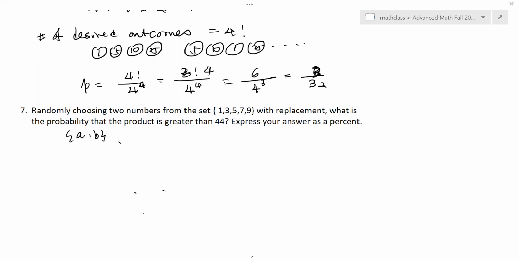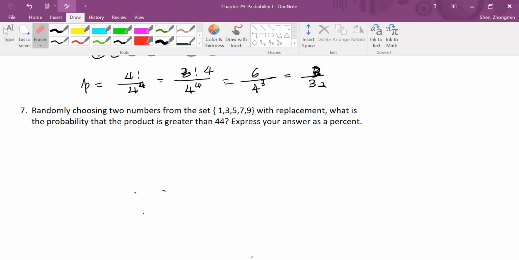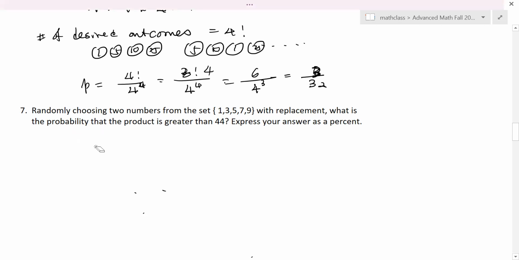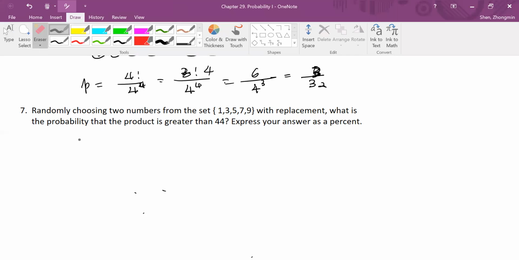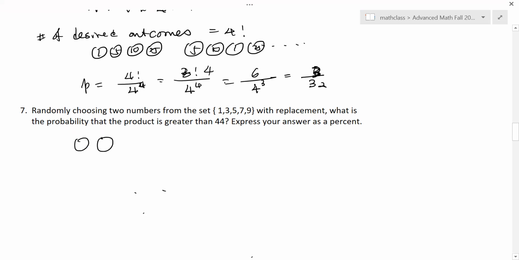But the question is, how do you do this? This is with replacement, so it's not like I choose a pair of objects. So we're not going to think that way. What we can do is write down 2 numbers, but you only use one of those 5 digits.